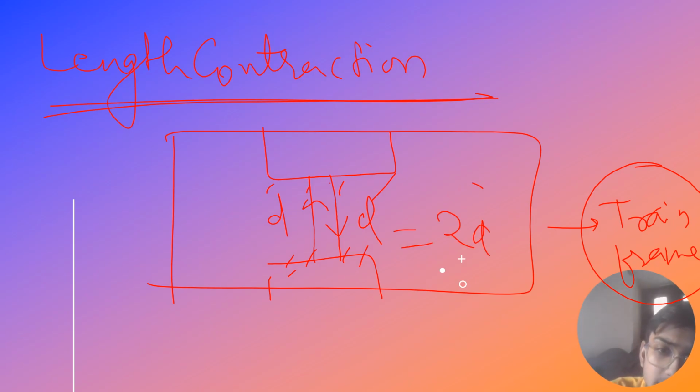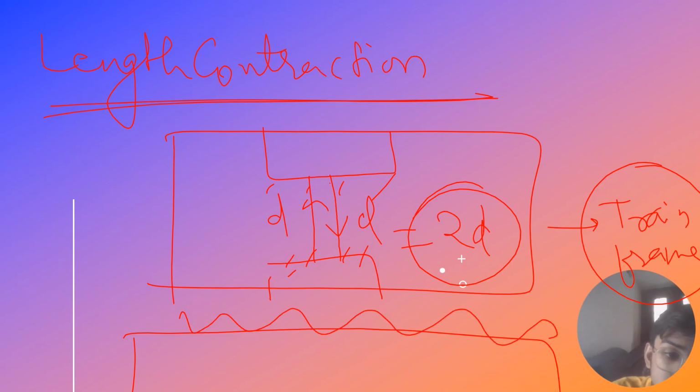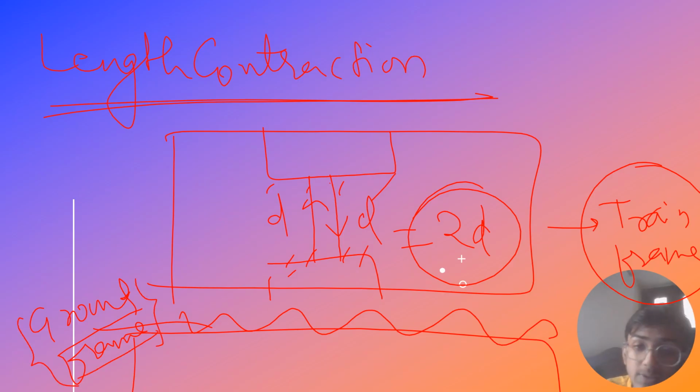But with respect to the ground frame, what is happening actually? When the person is in the train frame, the velocity of that person with respect to the train frame is zero. So he only observes this, which gives him the distance as 2d. But when the train is also moving and covering some d dash distance, then the overall distance seen from the ground frame is the diagonal distance.